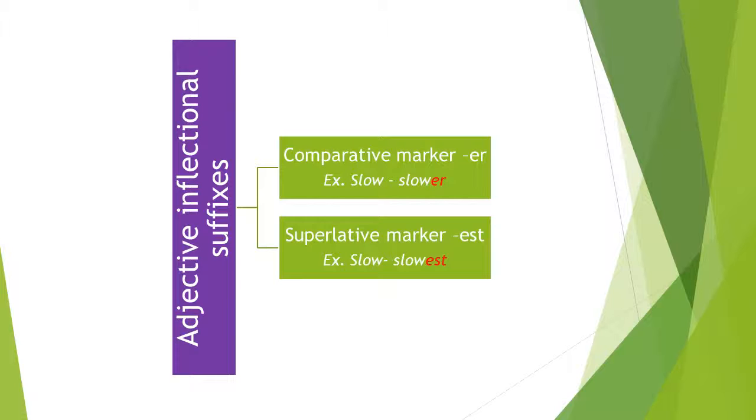And the other one is the superlative marker with the est. So we use the same example of the adjective slow and we add the suffix est at the end. So it's the superlative slowest. The category is the same. The intensity changes.